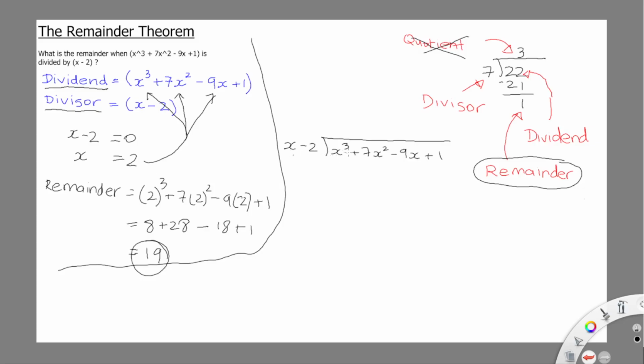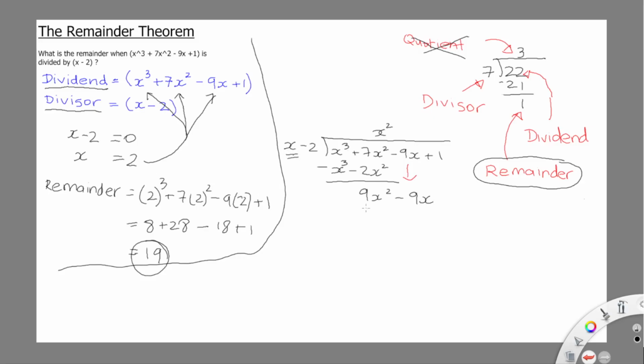So x goes into x cubed, x squared times. X squared times x minus 2 is x cubed minus 2x squared. And I'm going to subtract: x cubed minus x cubed is nothing. 7x squared minus negative 2x squared is 9x squared. Then we're going to bring down this negative 9x. Divide again.